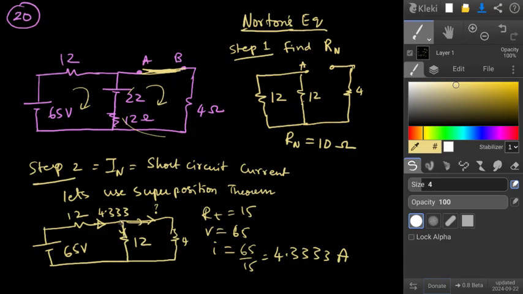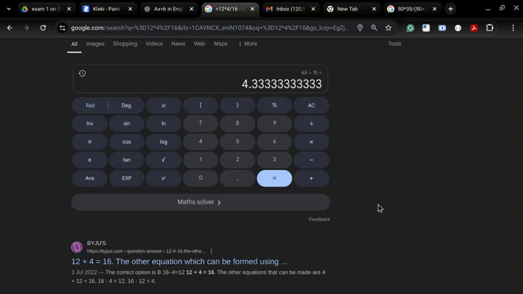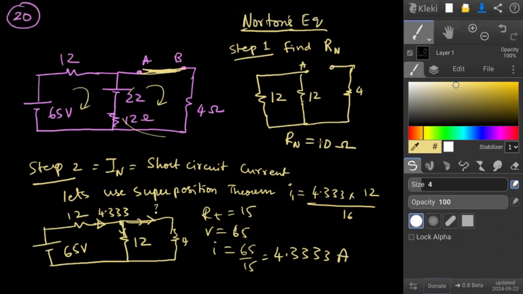You have to use the current division principle. So I1 will be equal to this 4.33 multiplied by the opposite resistance, 12, over the total resistance, 12 plus 4, 16. Multiplied by 12 divided by 16, that comes to 3.25, going towards the right side.